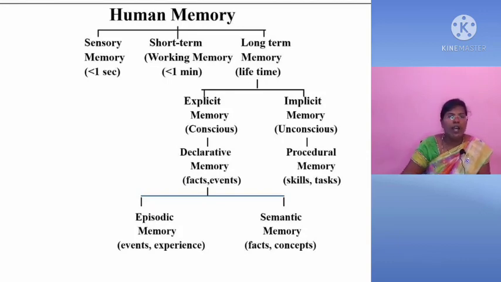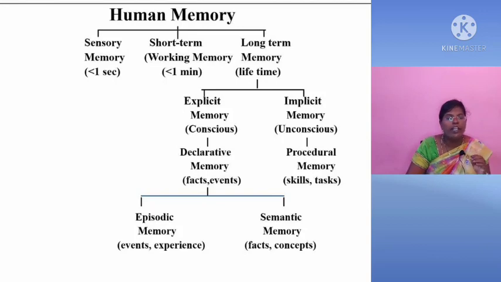Okay? So again I am saying long term memory has been divided into two branches. First one is explicit memory and second one is implicit memory. Explicit memory is divided into declarative memory. This declarative memory is again subdivided into two parts, episodic memory and semantic memory. The second part is implicit memory, or unconscious.